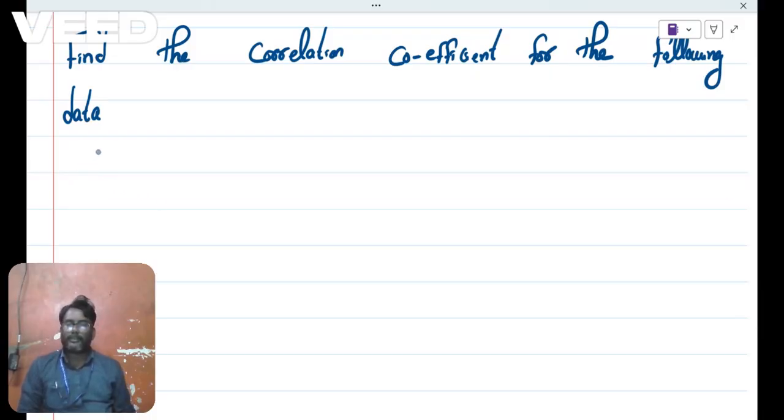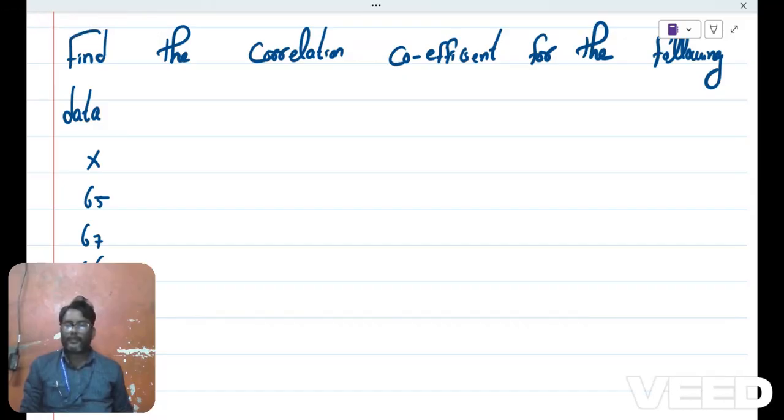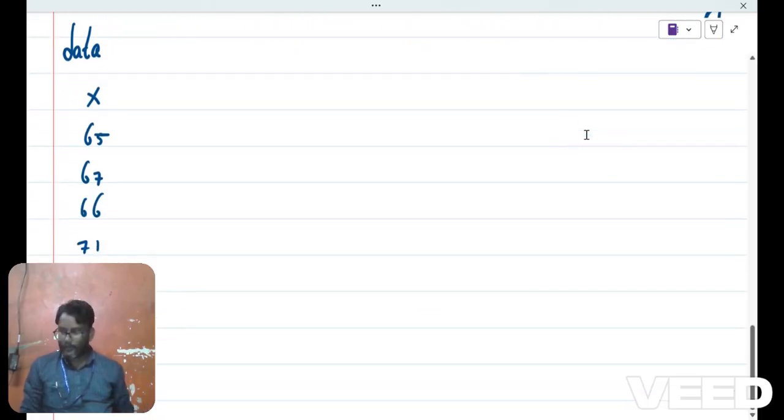The data x is given as 65, 67, 66, 71, 67, 70, 63, 68 and 69.